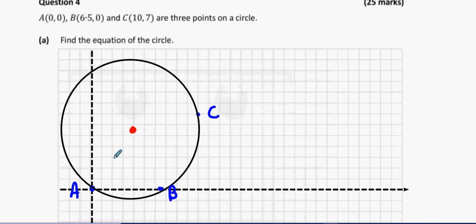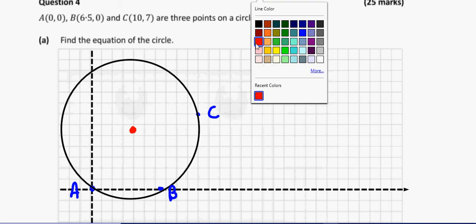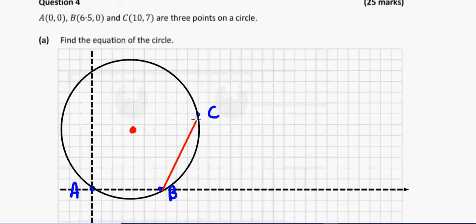Once again, this is a rough drawing, I'm not expecting it to be accurate. Now what you do is you pick any chord you want. So you can pick the chord BC.